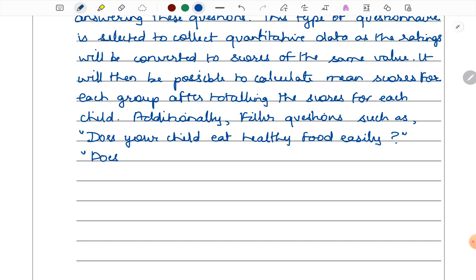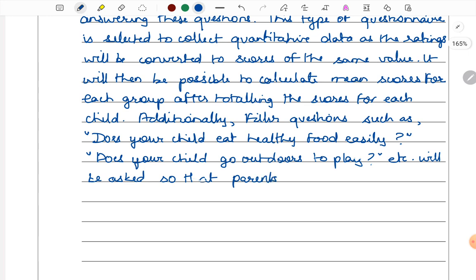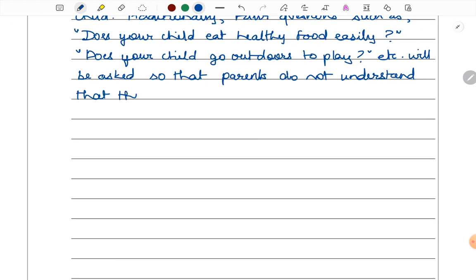Does your child go outdoors to play, etc. will be asked so that parents do not understand that their children's social behavior is being evaluated.